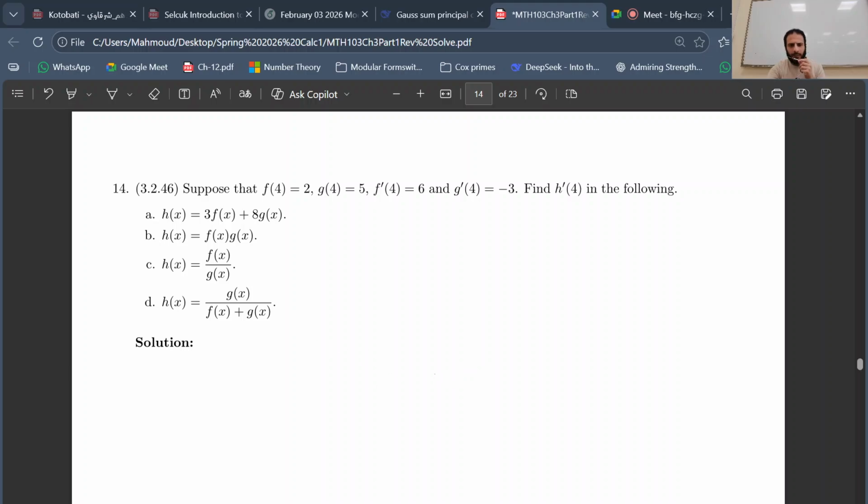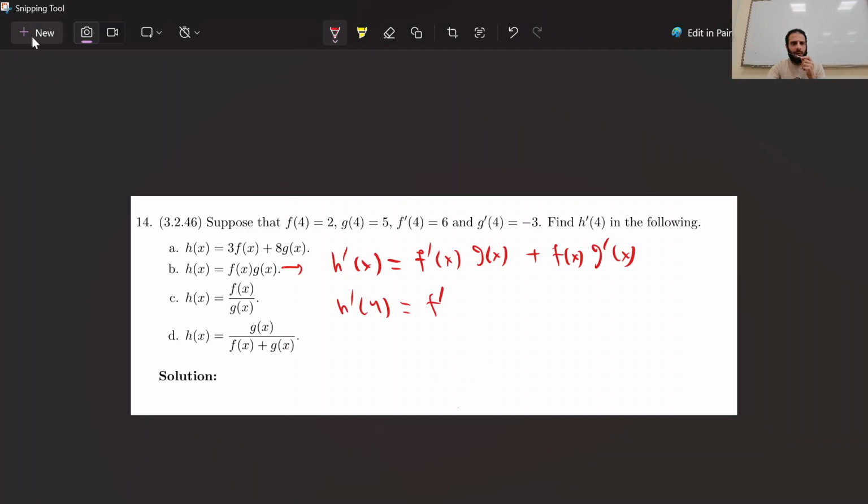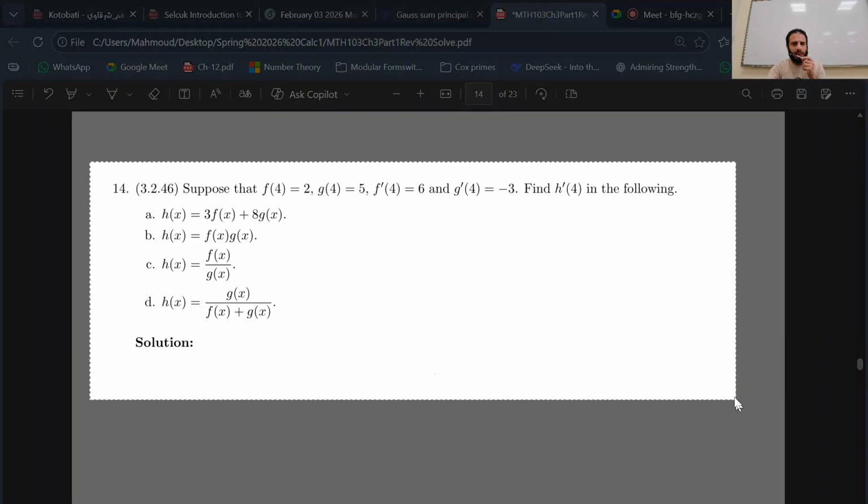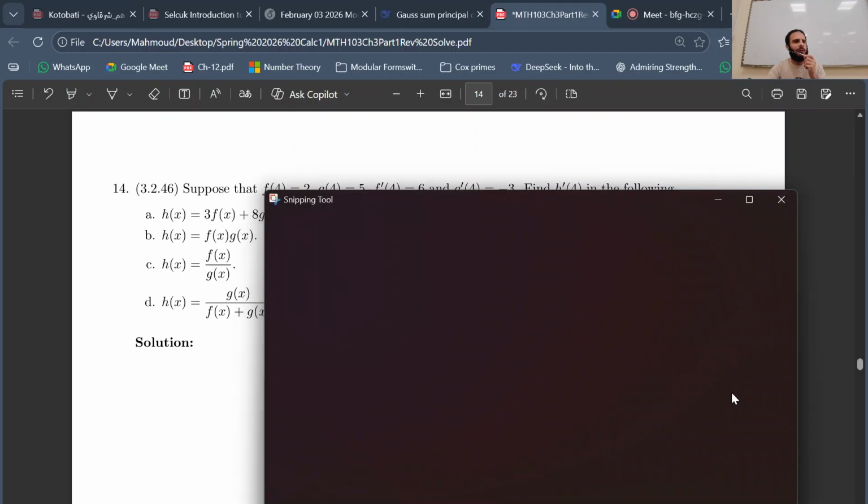Now part C. Students here in the class, who wants to help me solve part C?